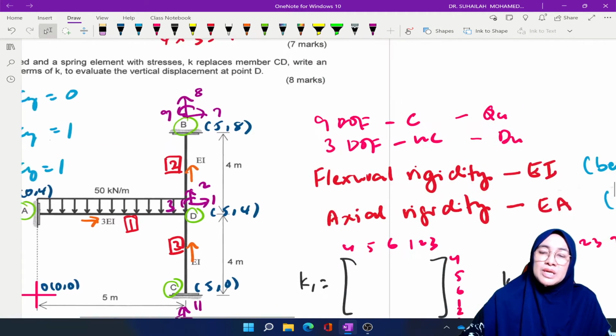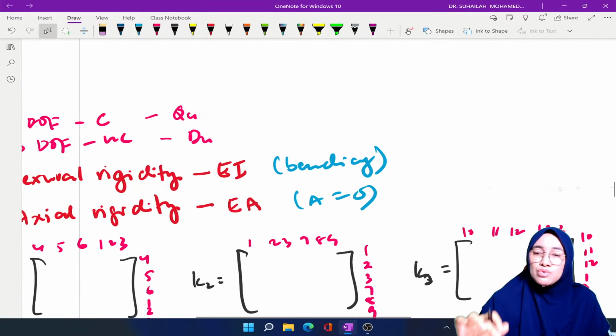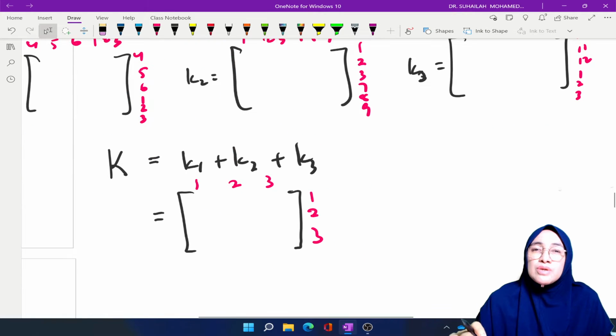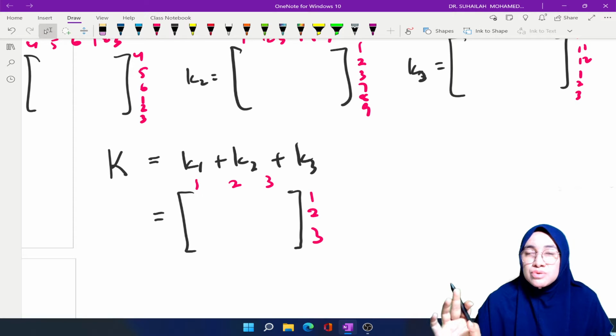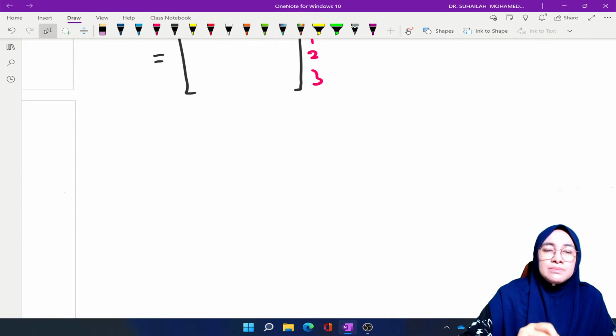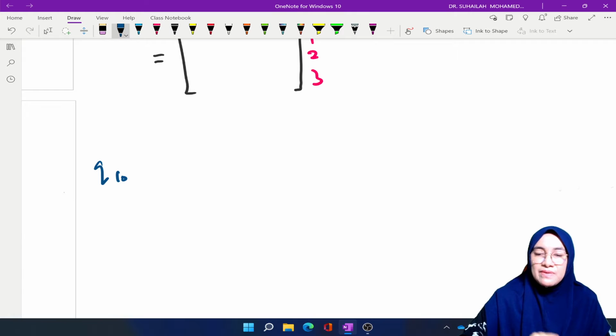For Q1 naught, Q2 naught and Q3 naught, we already know that all the values inside Q2 naught and Q3 naught are 0. So I put it here. We have Q1 naught, and we want to establish this value.